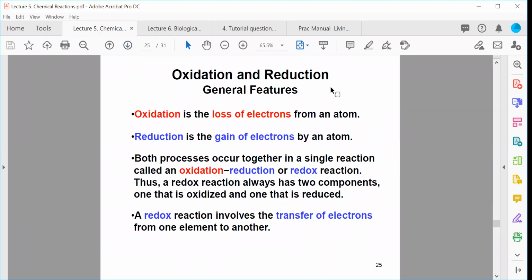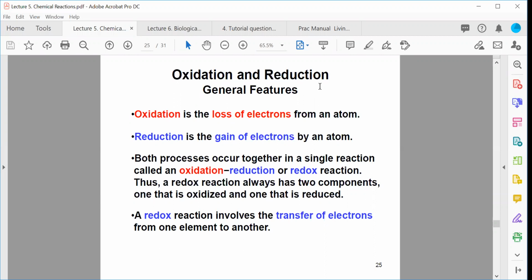All right, now we're going to look at one very important class of chemical reactions, and these are called redox reactions. The RED from redox comes from here, RED in the term reduction, and the OX from the word redox comes from here, oxidation.